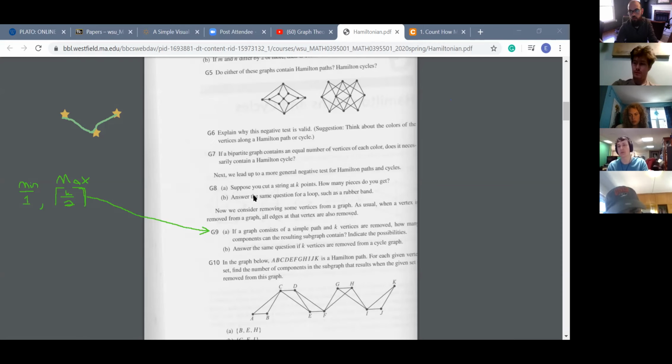All the way down. And the max would be the ceiling of k over 2 because if you take the center point, one of the vertices from the center, you'll take the incident edges as well.